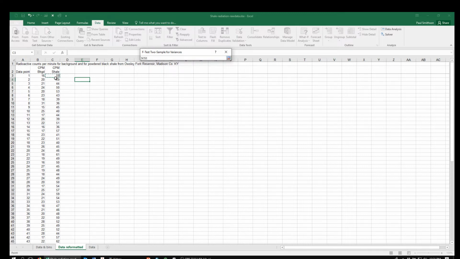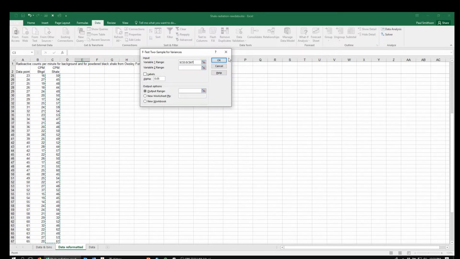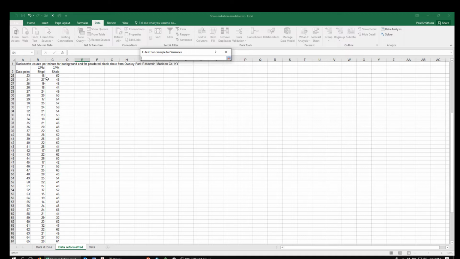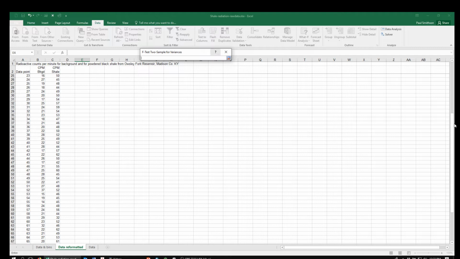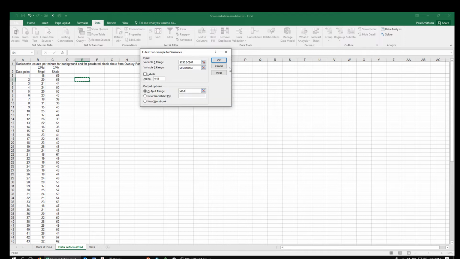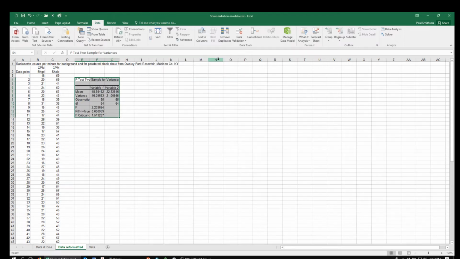There's the shale, and there's the background. We haven't highlighted the labels. Our alpha is 0.05, that is 95%. Let's put this up here and say OK.